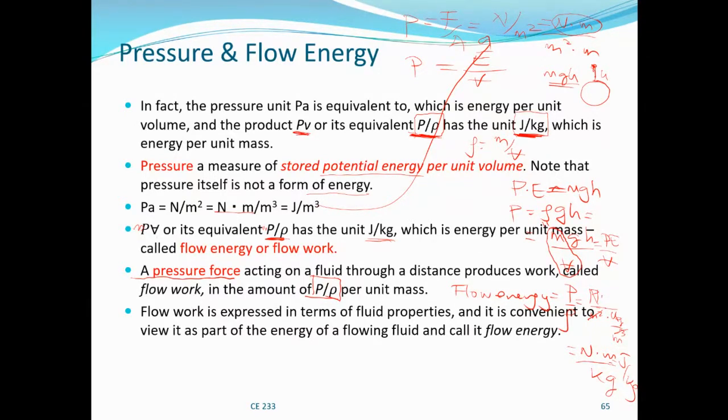Even in the quiz, the last quiz is about it. Okay, flow work is expressed in terms of fluid properties, and it is convenient to view it as part of the energy of a flowing fluid, and we call it flow energy, which is the energy per unit mass, P over rho.